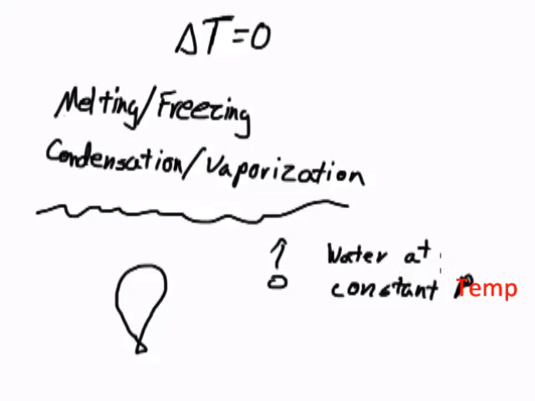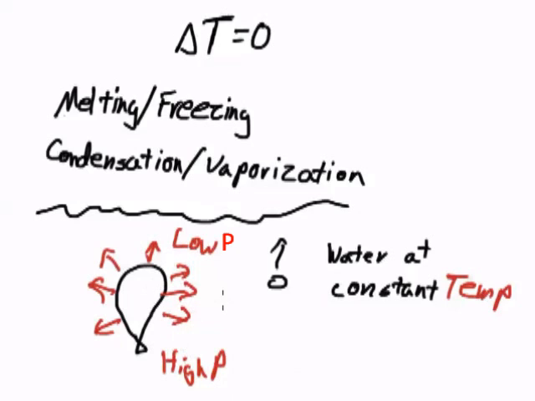If you have the water at constant temperature, but the pressure below is high and the pressure above is low, then the volume of the balloon is going to increase. So the volume goes up, delta V is greater than 0, and the pressure goes down, so delta P is less than 0.